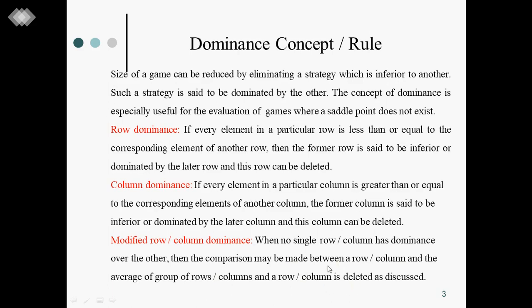I mean, no row is superior or inferior to any other row. In such cases, we'll take the average of two rows or columns, and then do the same thing as in row dominance and column dominance. One thing you have to remember here is that a single row or single column you have to compare with the group of rows or columns.